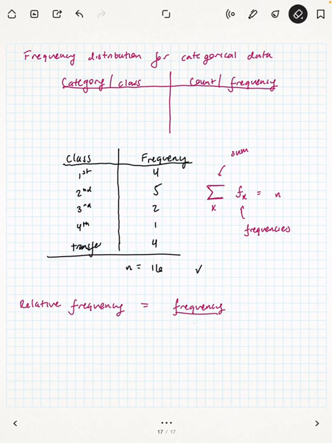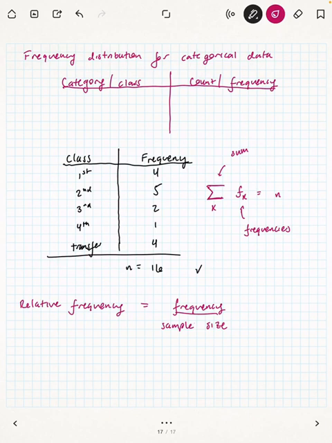So remember, this is the sample size. I'm going to use words here. And what this does is rescale our table so that we understand it in terms of proportions, percentages, ratios, right?